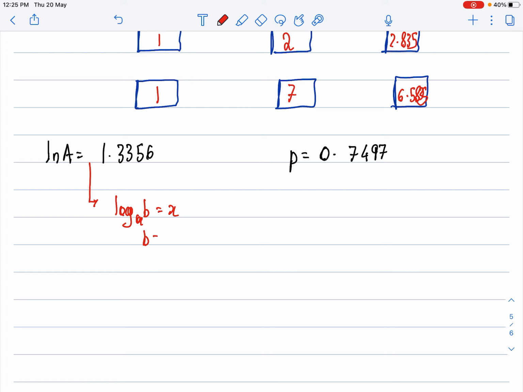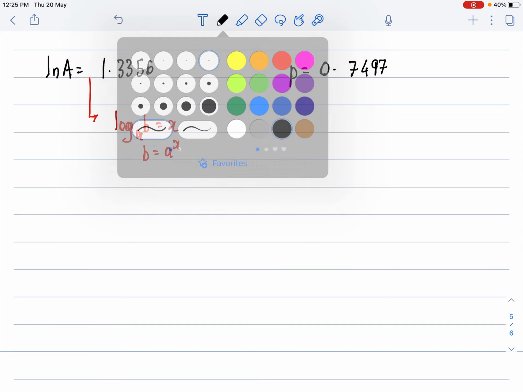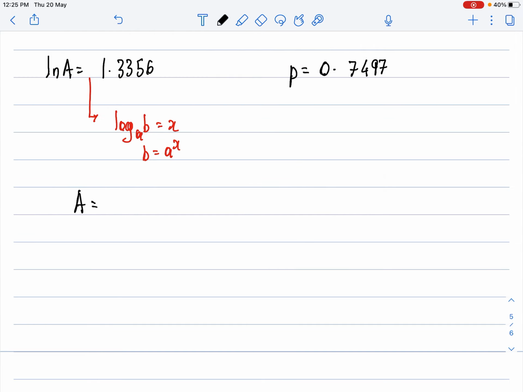So I can say that b is equal to a raised to x. So I can write a equals e raised to 1.3356, since the base of ln is e. On the calculator, e raised to 1.3356 gives the answer basically as 3.8.